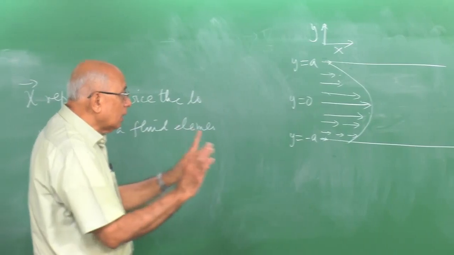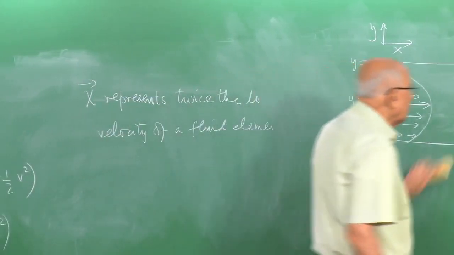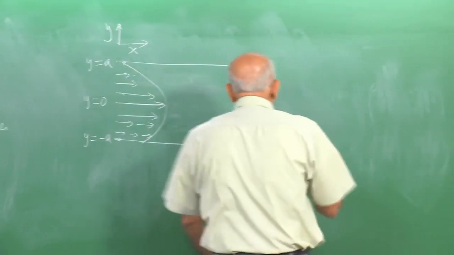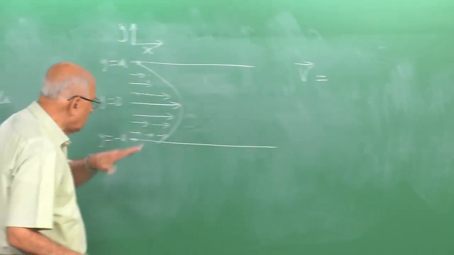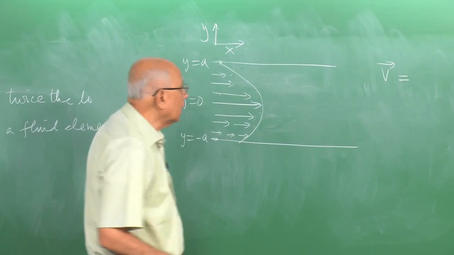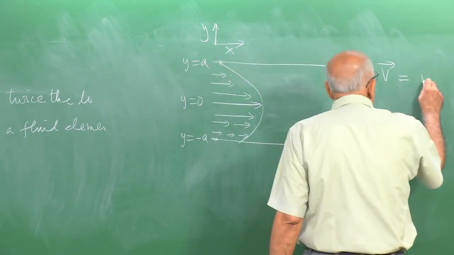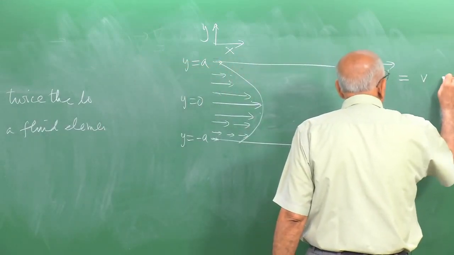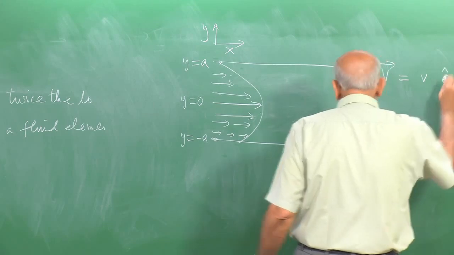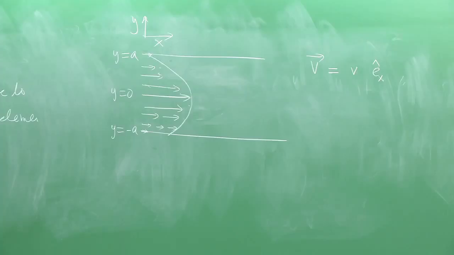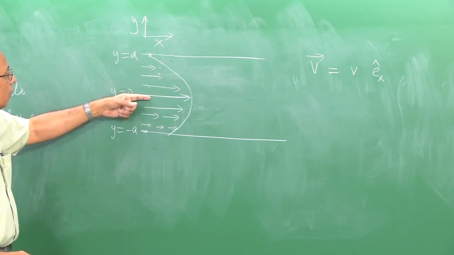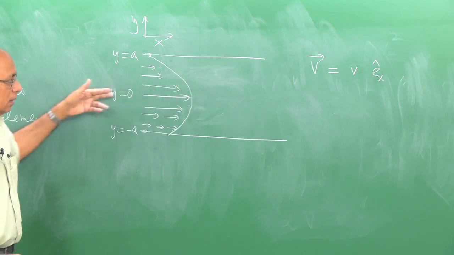Now what does the velocity field look like in this problem? It is immediately clear that V at any point, we are only looking at the surface, we are not worried about the z coordinate at all, V at any point is the speed multiplied by Ex, because it is along the x direction at every point, and the speed is dependent on how far you are away from the center along the x axis.